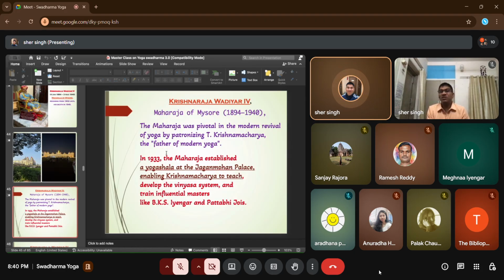Why am I describing Krishna Raja Wadiyar? Because he was pivotal in the modern revival of yoga by patronizing T. Krishnamacharya, the father of modern yoga. In 1933, the Maharaja established a yogashala at the Jaganmohan Palace, enabling Krishnamacharya to teach and develop Vinyasa yoga.